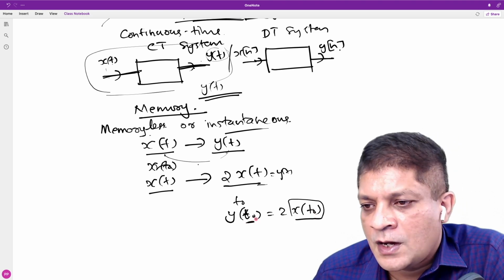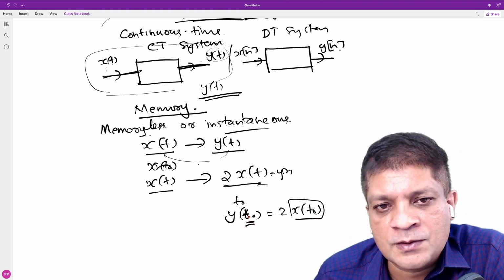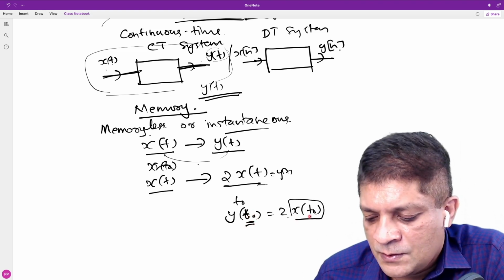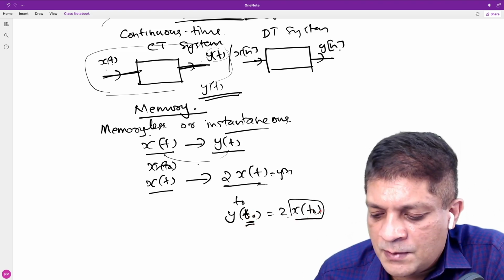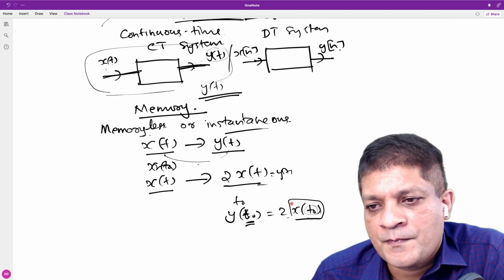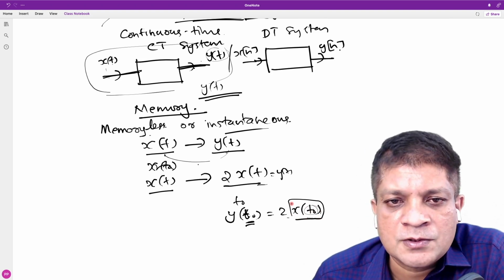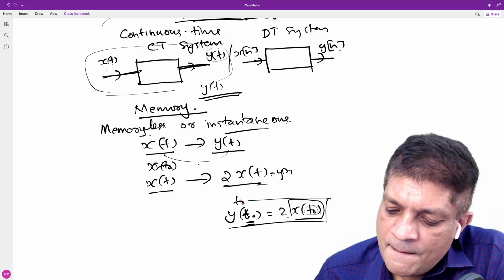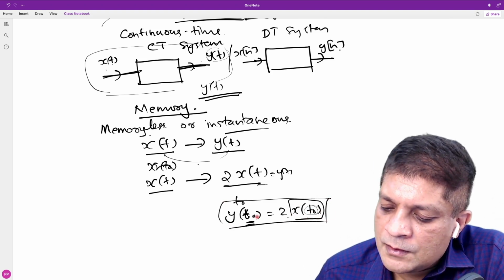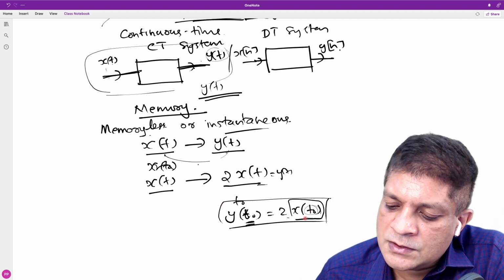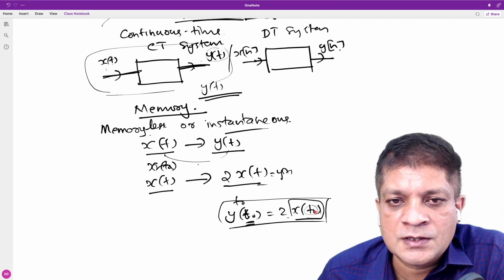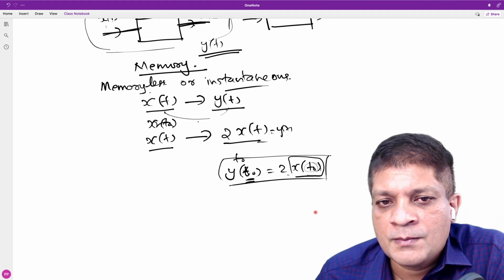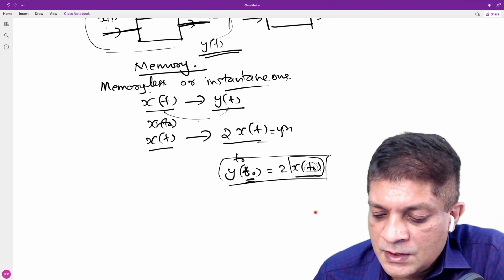We are considering the output at a particular instant t0. It depends only on the input signal value at that particular instant, no other values of the input. This is called a memoryless or instantaneous system. Such systems are called memoryless systems or instantaneous systems.